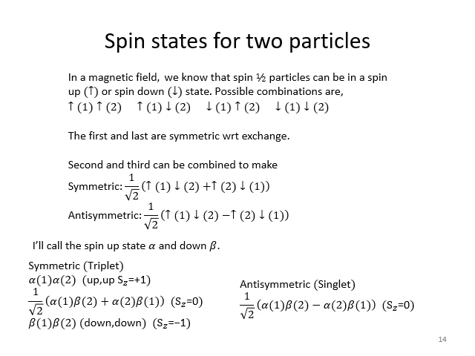So the symmetric state up here consists of alpha 1, alpha 2, both particles in spin up, up, up. In that case, the spin projection on the z-axis is +1. I can have beta beta, that is down down, and spin projection is -1.